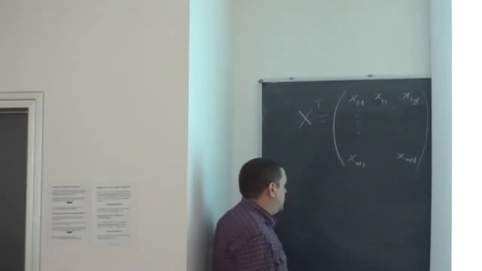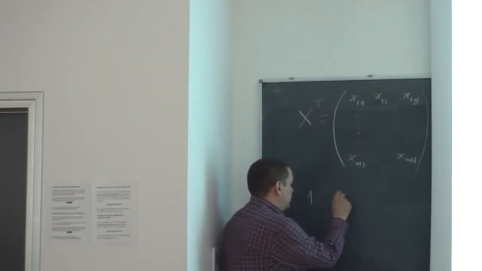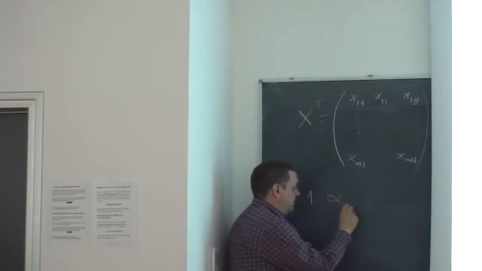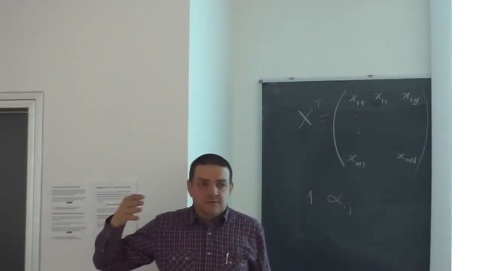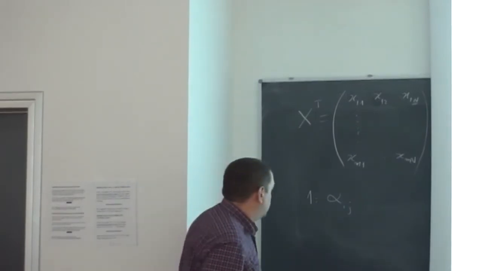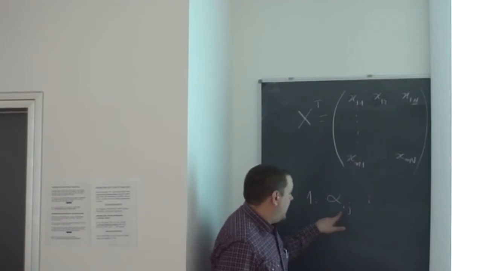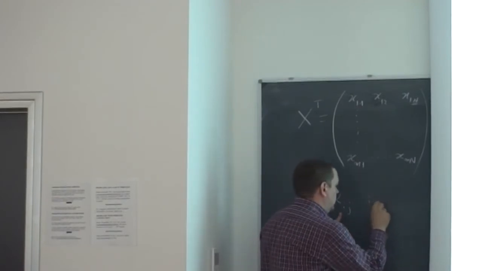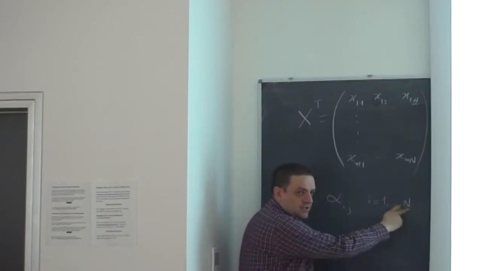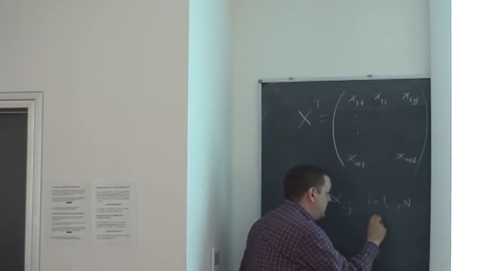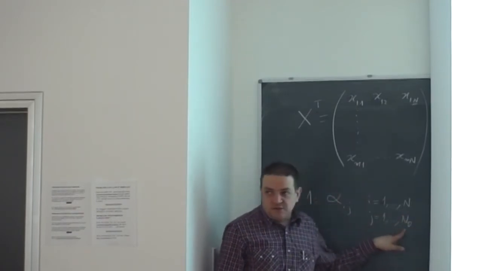To generate this, the steps will be: first, create the coefficients alpha ij, which will be needed for the rest of the data set to be created. Alpha ij are coefficients where i is the coordinate in the n-dimensional space, and j is the number of the parameter.